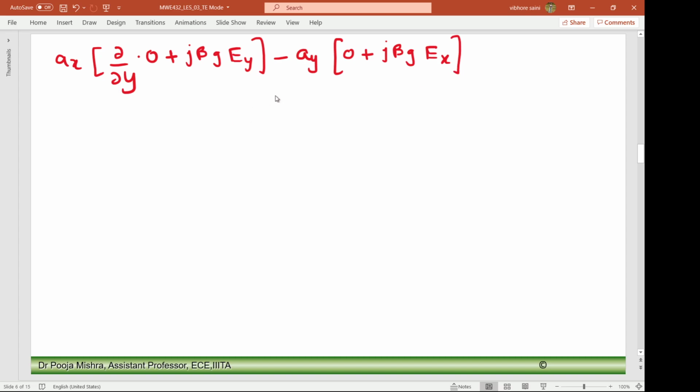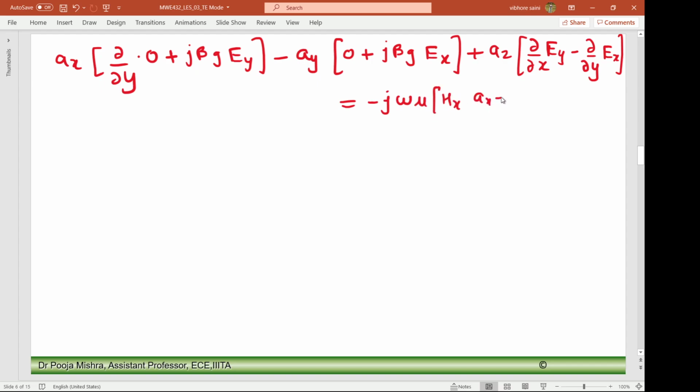The Z component will be del by del x Ey minus del by del y Ex, is equal to minus j omega mu (Hx Ax plus Hy Ay plus Hz Az).